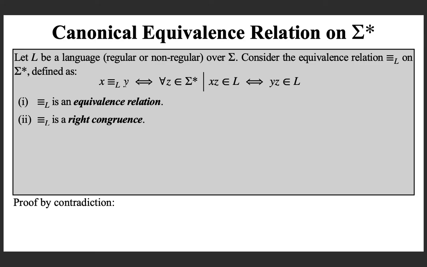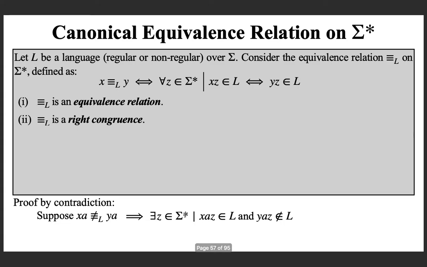Assume that there exists a such that xa is not related to ya under the relation. By this definition, we know that there exists a z for which this is not correct. So you can write it as there exists a string z such that xaz is in the language and yaz is not in the language.